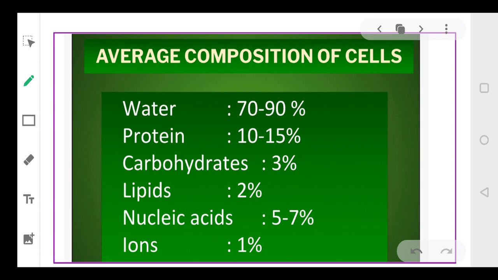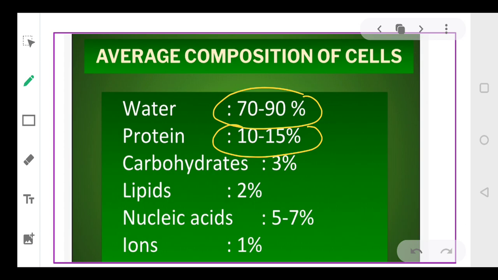See, in general, if we talk about a cell, there is 70 to 90% of water present, and the proteins are only 10 to 15%. अगर एक सेल की composition को हम analyze करते हैं बेटे, so it contains mostly water, that is approximately 70 to 90%, and proteins are only 10 to 15%.